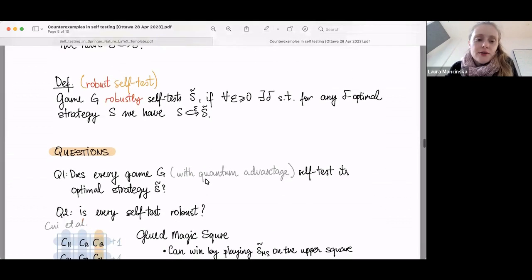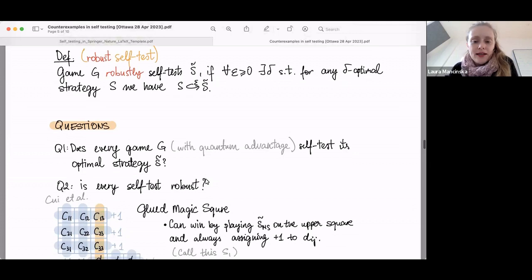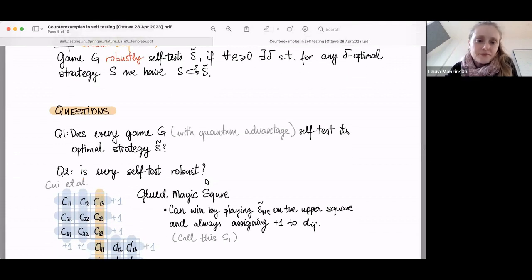All right. So here are the questions that motivated our work with Simone. The first one: even though self-testing is something that we are after, it seemed like anywhere you look, any interesting example of a game exhibiting quantum advantage, you can prove that it self-tests the strategy that you had in mind.